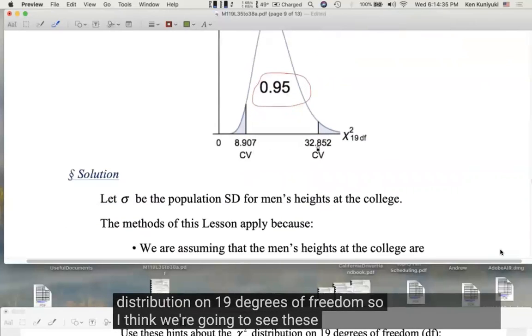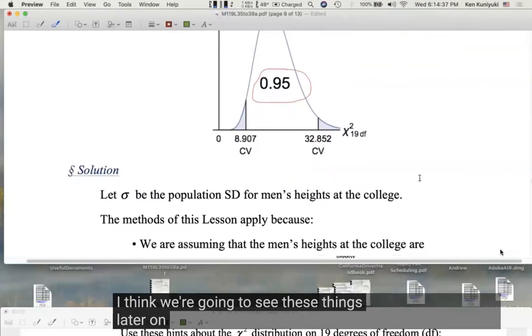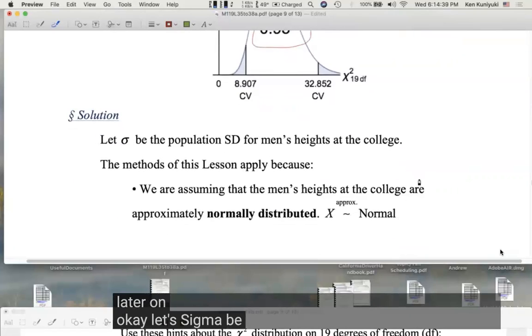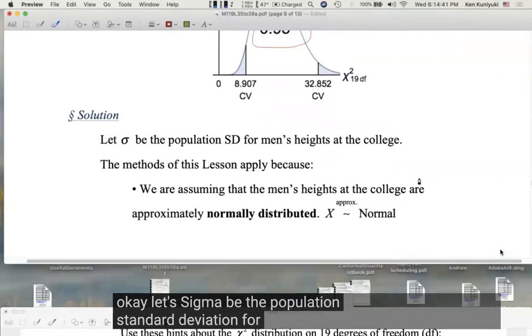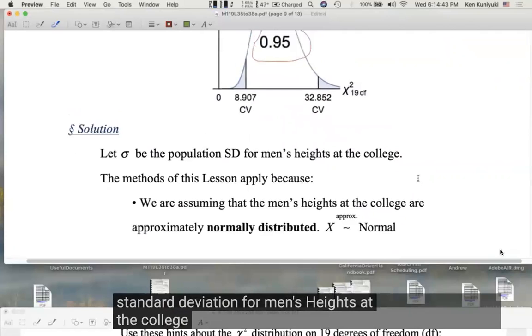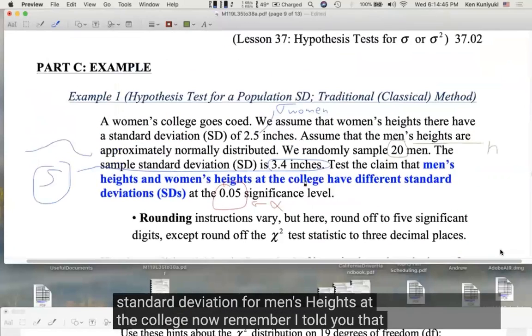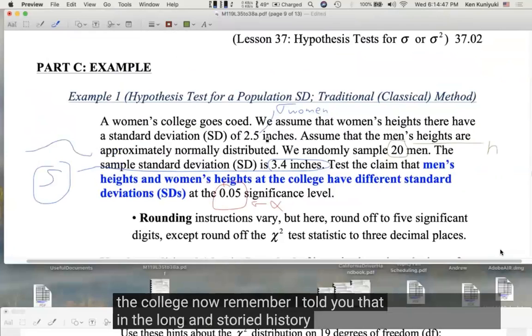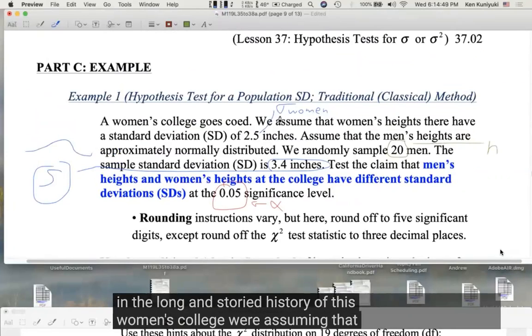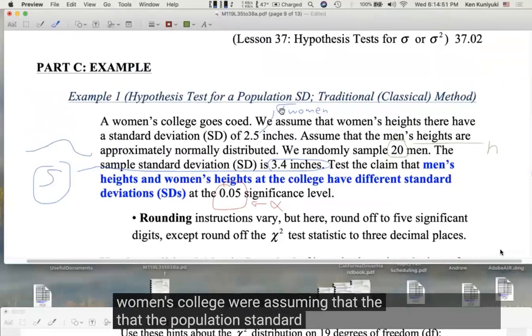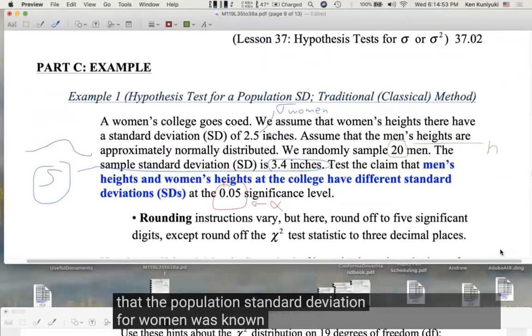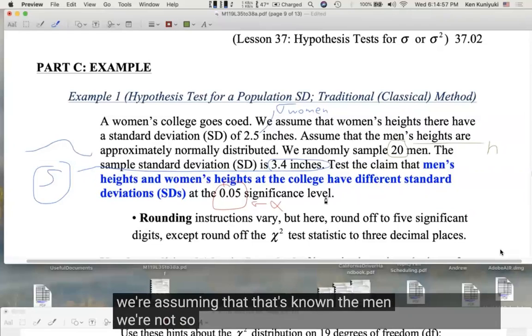So I think we're going to see these things later on. Okay, let sigma be the population standard deviation for men's heights at the college. Now remember, I told you that in the long and storied history of this women's college, we're assuming that the population standard deviation for women was known to be 2.5 inches. We're assuming that that's known. The men, we're not so sure about.